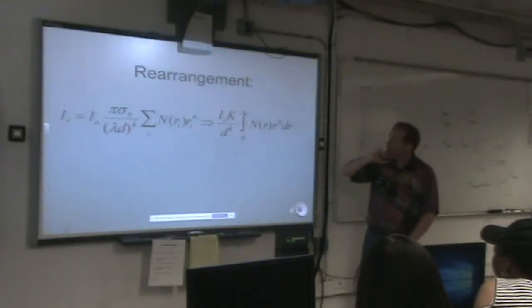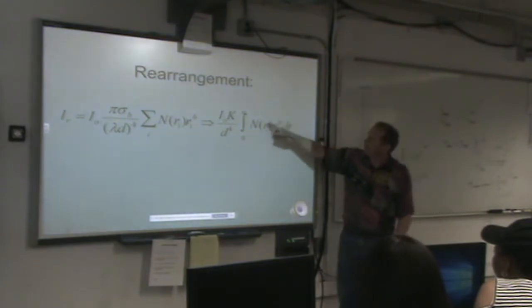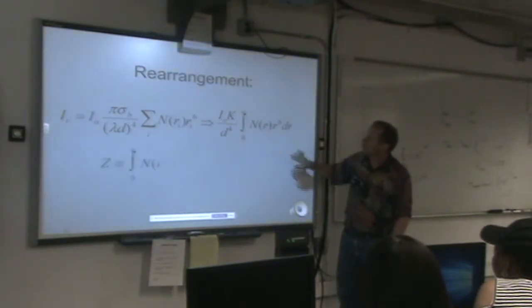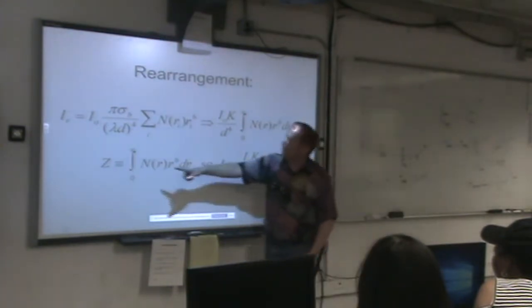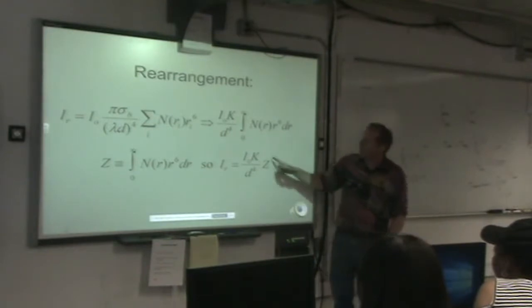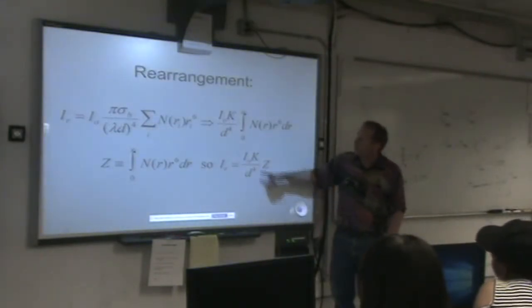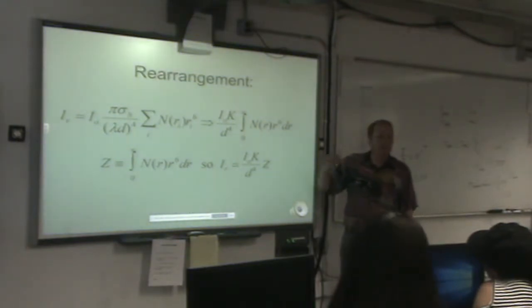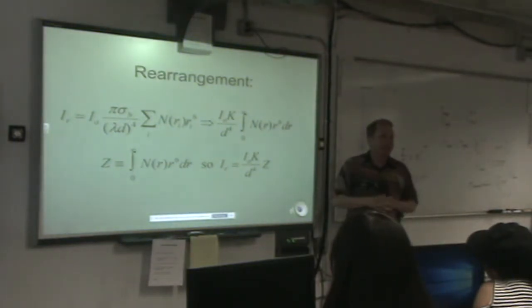Okay. We can keep simplifying. This is kind of an interesting thing. This is size to the 6th, radius to the 6th. So we're going to redefine that as Z. And now we can write our radar equation as this. So this is the outgoing intensity and distance. Z has to do with the size of the drops and nothing else.